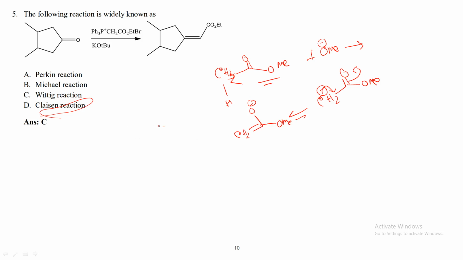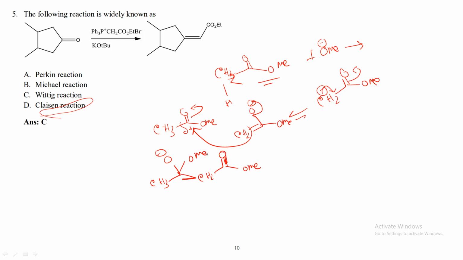Now in the reaction mixture, the ester molecules are present, and this is an electrophilic center. So this is a very feasible attack, and this would generate the CC bond. So O minus, the CC bond is formed. So CH2 CO, sorry, CO OMe, and here another OMe is there, right?